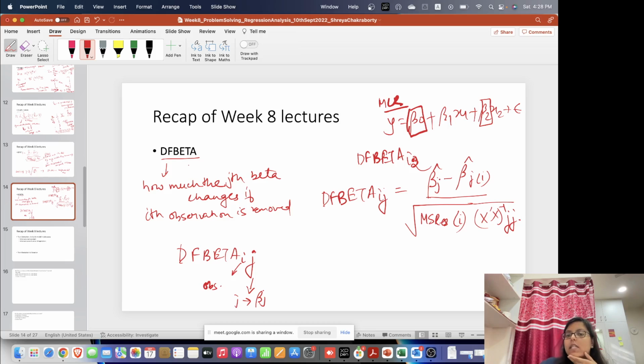The variance of beta hat is sigma squared times (X transpose X) inverse, and the diagonal element gives the variance of that particular beta. Since we are concerned about some jth variable, let's say beta 2, we would have the corresponding element of (X transpose X) inverse. And the criteria was, if DFBETA_ij is greater than 2 by root n, then we say that the ith observation is an influential observation.